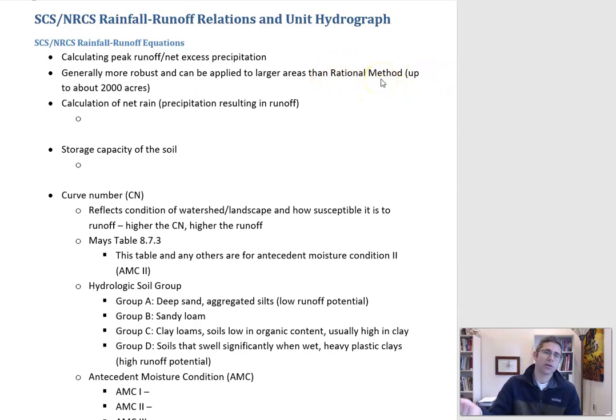The rational method we'll learn about next time. That's a much more simple method for small acreages. But here we can look at larger watersheds, about 2,000 acres or even more. Once you get beyond that, we typically break things into subbasins where we can apply this method to each one of those different subbasins of area.